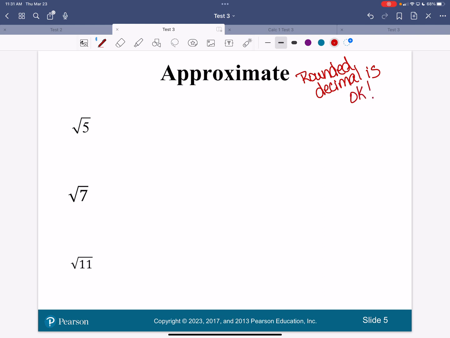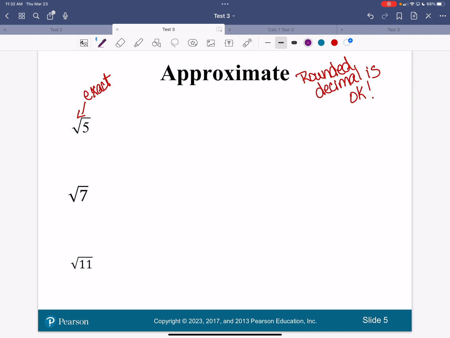If you don't see the word approximate, then I want an exact answer. So if I had the square root of 5, this right here is an exact answer. If I want the decimal approximation, the word that you are looking for is approximate. So that means that we're going to have to round.